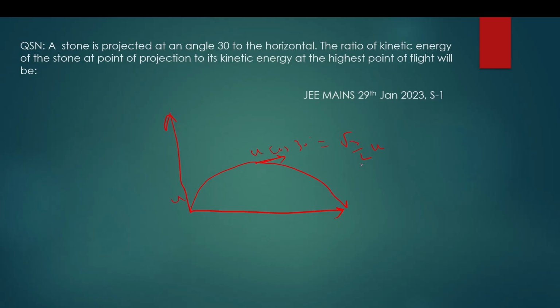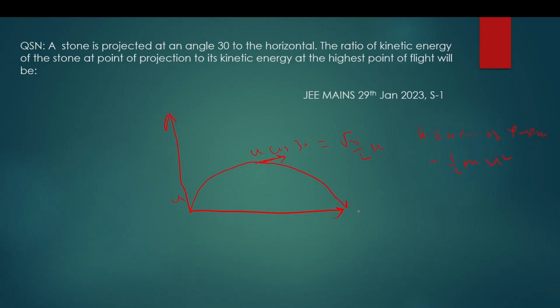So the kinetic energy at the point of projection equals half m u square, since the initial velocity is u.